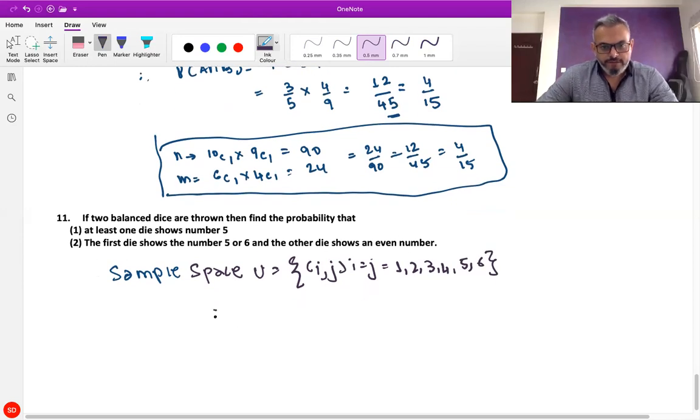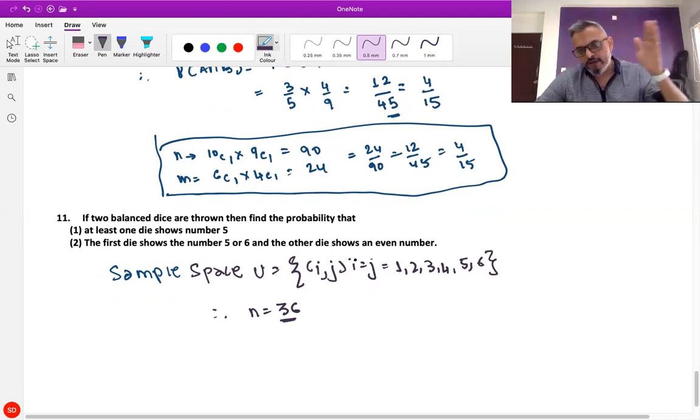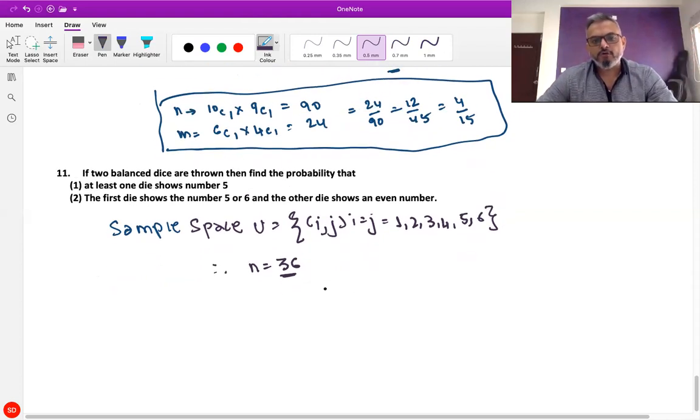So therefore number of outcomes n is equal to 36. I'm sure now you know what are the outcomes: 1 1, 1 2, 1 3, 1 4, 1 5, 1 6, up to last 6 6. So there are 36 outcomes.